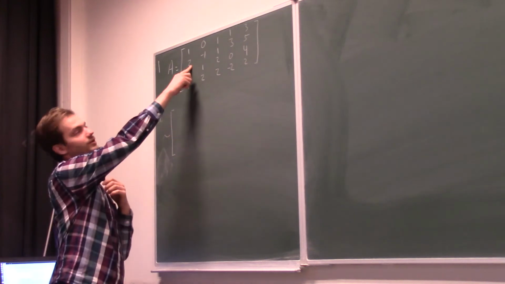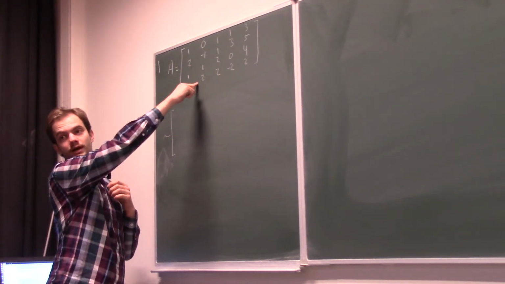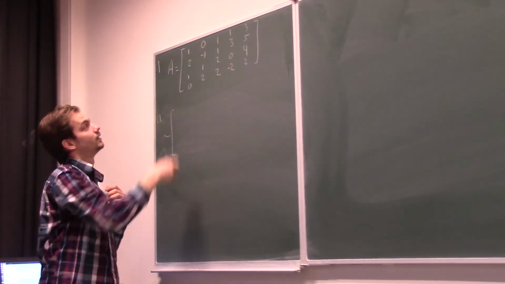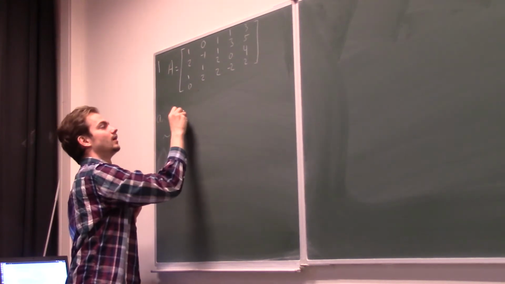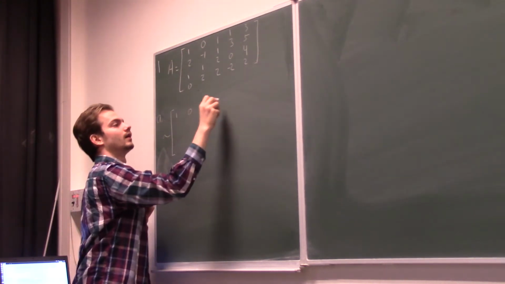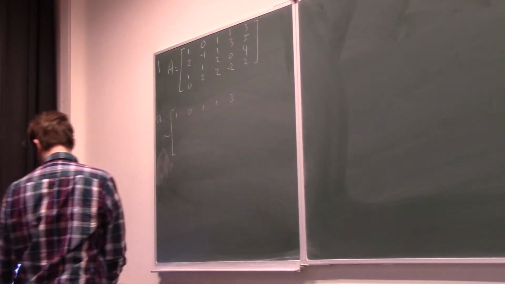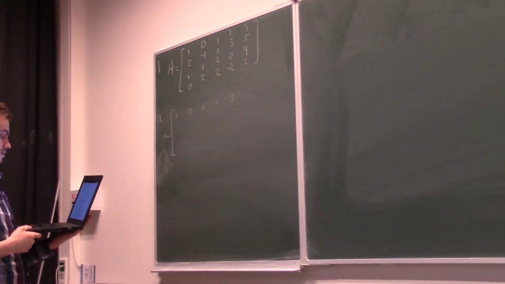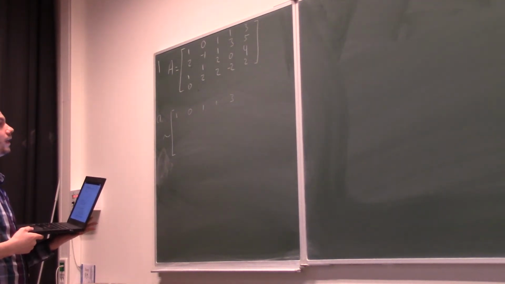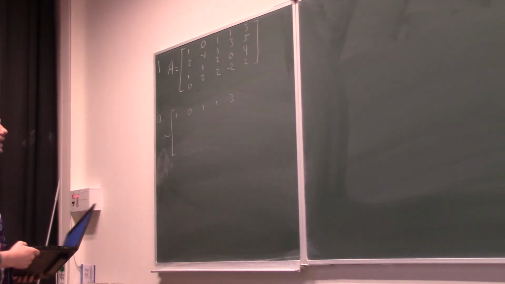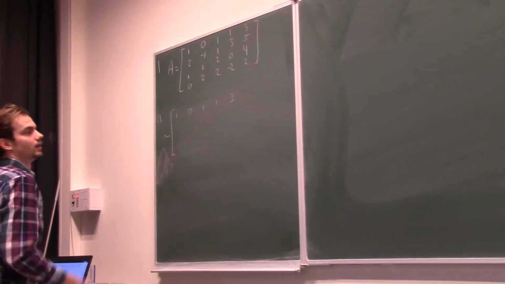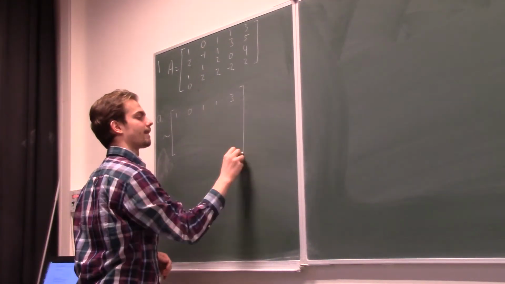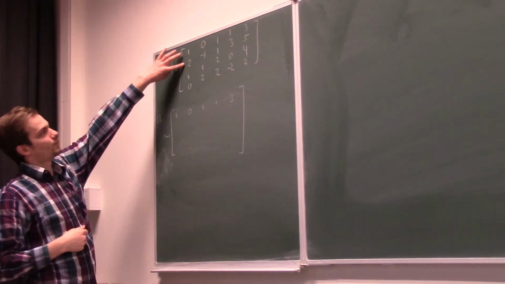So let's see. The first step was to make zeros here, right? In the first column beneath this one. So we'll keep the first row. Double check if I have the right one. Okay, and then you want a 0 here.